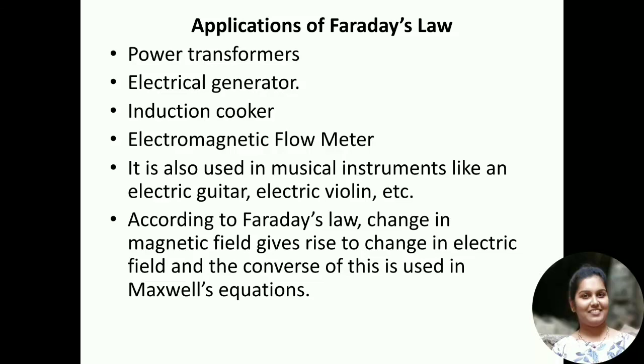Third one is the induction cooker, which we use in our kitchens, that is the electric induction cooker. The induction cooker is the fastest way of cooking these days. So it also works on the principle of mutual inductance. When current flows through a coil of copper wire placed below the cooking container, it produces a changing magnetic field.